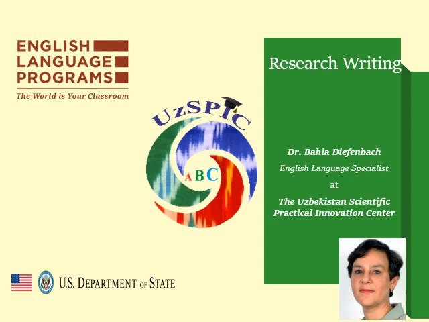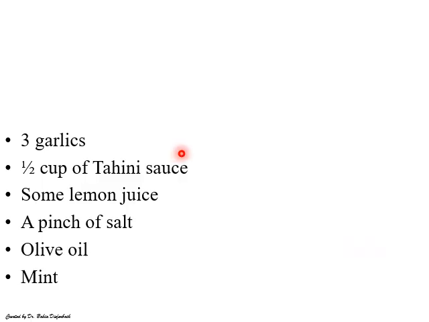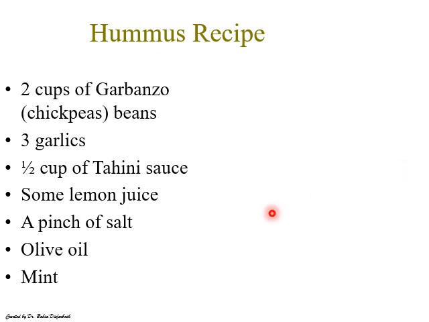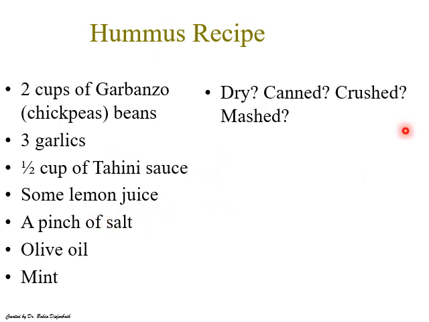Let's see another example. We want to cook dinner and make some hummus. So we got the ingredients, but is it enough information? Two cups of chickpeas, 3 garlics, some lemon juice, a pinch of salt. Are we talking about dry, canned, crushed, mashed?